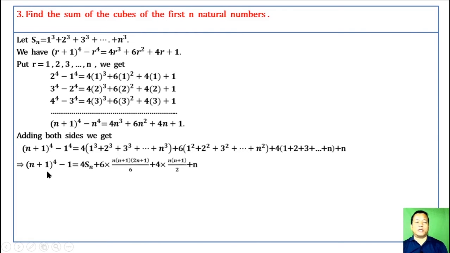Putting which, the left side becomes this, 1 power 4 is 1, which is equal to 4 times Sn, because this is denoted by Sn.